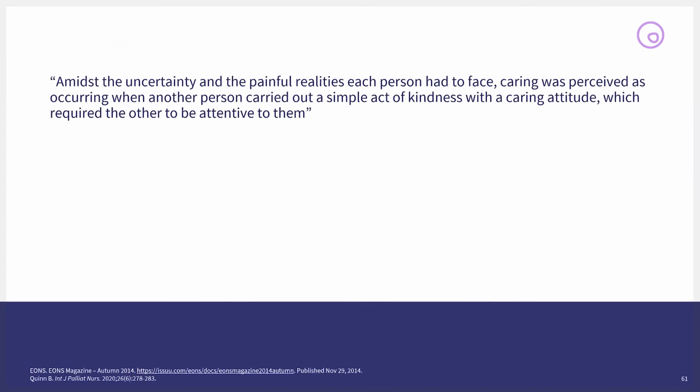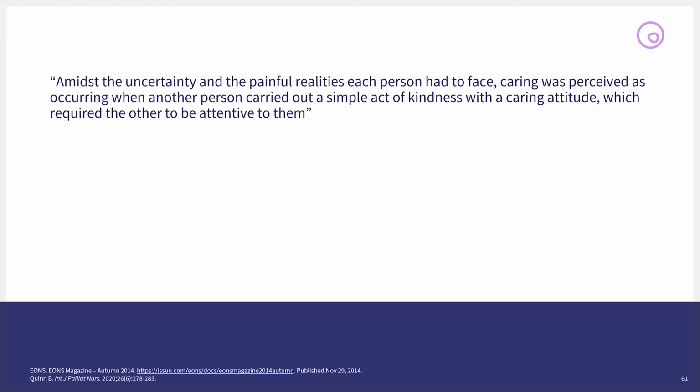So in my study, one of the things I discovered was what caring meant. People living with advanced cancer did talk about the caring that was shown to them by family members, but also by doctors and nurses and other healthcare professionals. But amidst the uncertainty, and there is a lot of uncertainty living with advanced myeloma, and the painful realities that each person had to face, caring was perceived as occurring when three things happened.